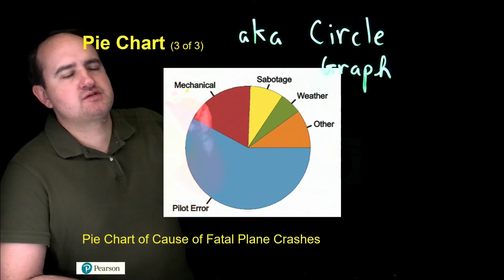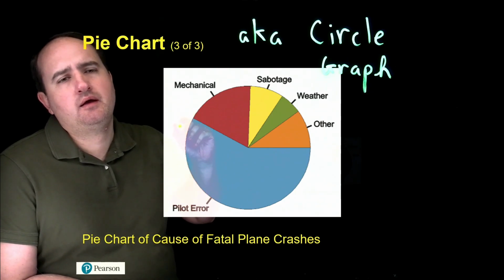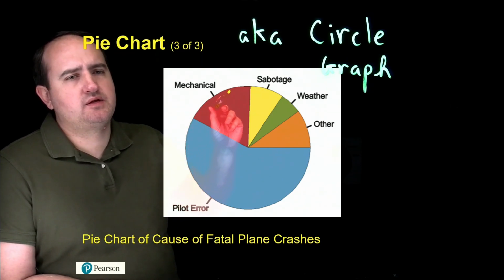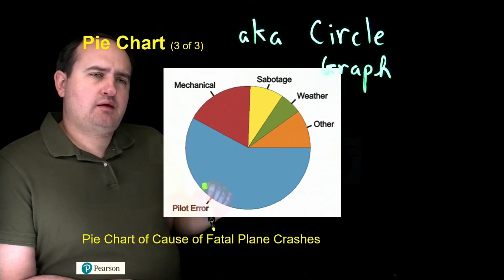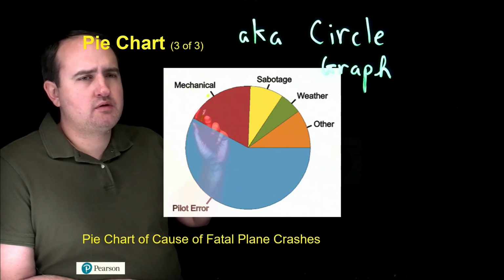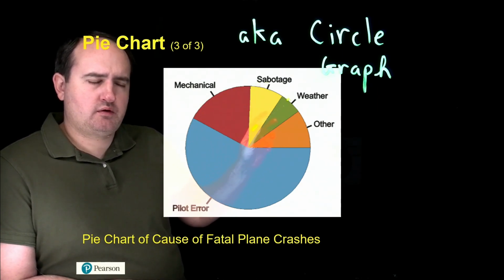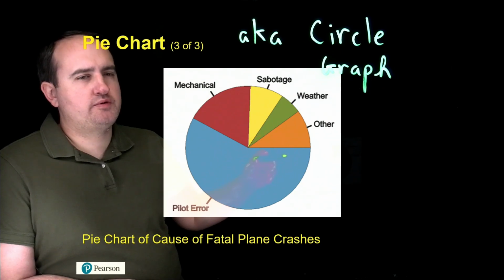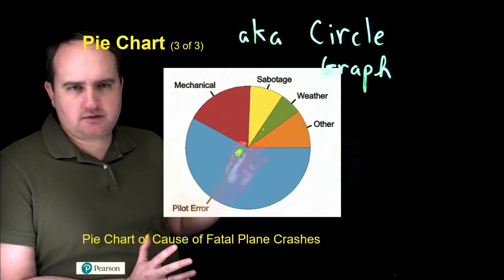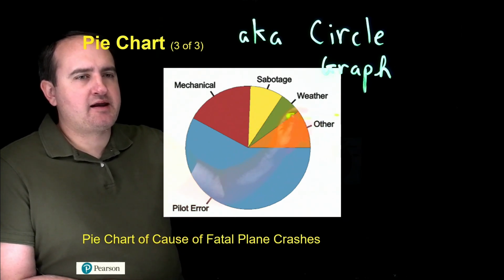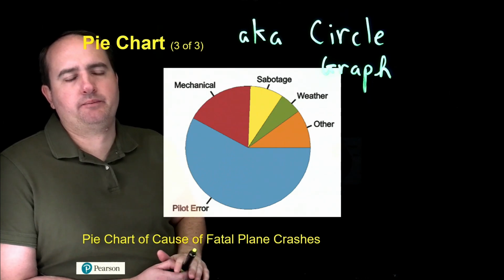And then the next biggest slice would be mechanical, which looks like a bit less than 1/4 of the graph. And then past mechanical, we've got sabotage, and then weather. And then, of course, other would be all of the other causes of fatal plane crashes, where they've just added them all together and lumped them all into this orange pie slice here.